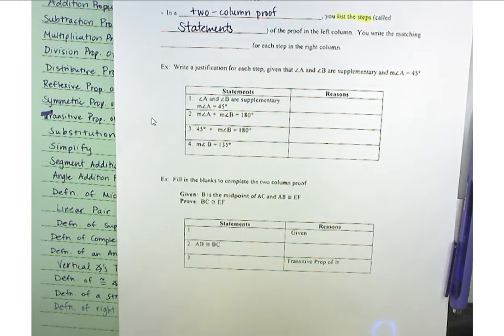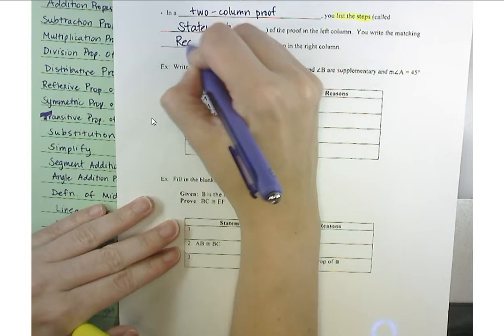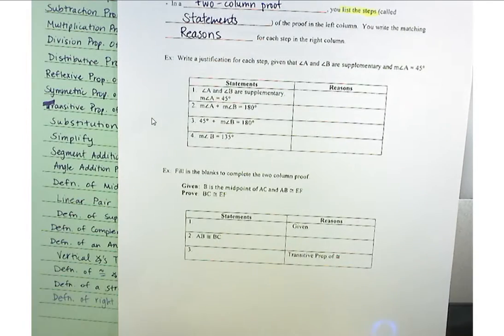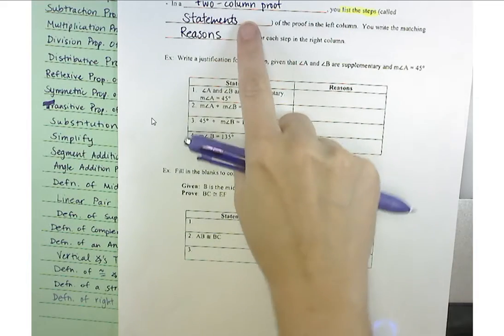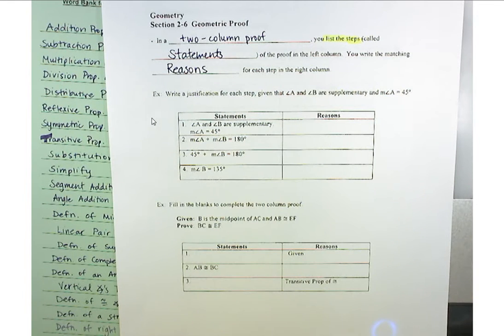And then you are going to write the matching reason in the right column. Okay, so you have a statement and then you have a reason for that statement. Okay, and the statements go in the left, the reasons are going to go in the right. So we're going to do a proof together.